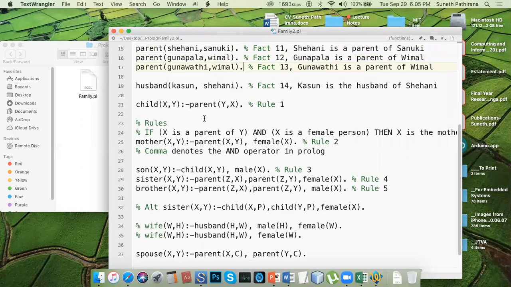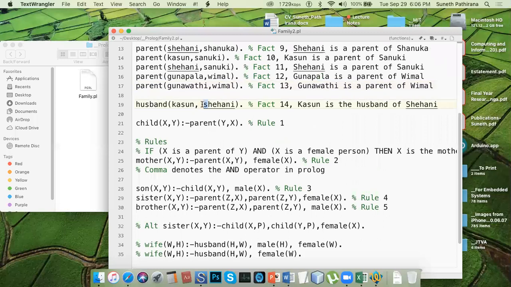But remember, you can't use uppercase letters as the first letter of the names of these people.